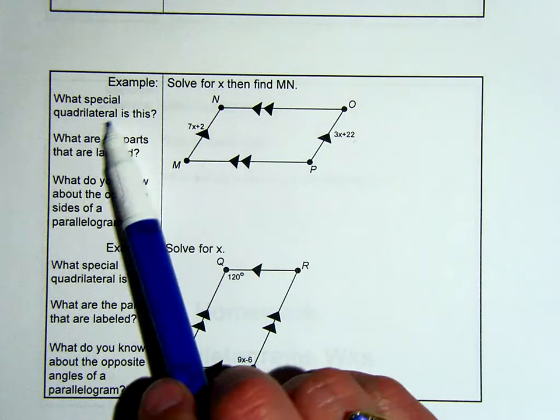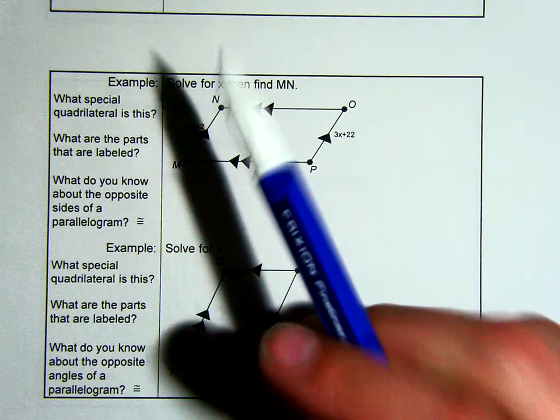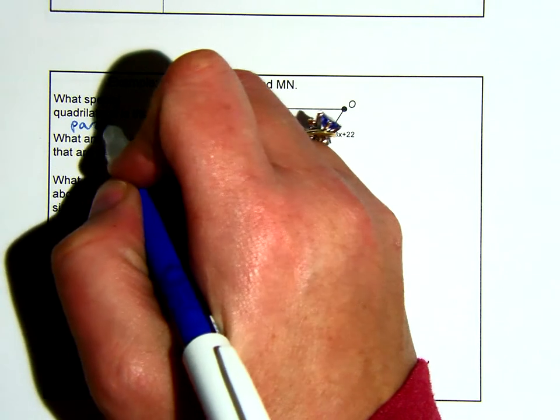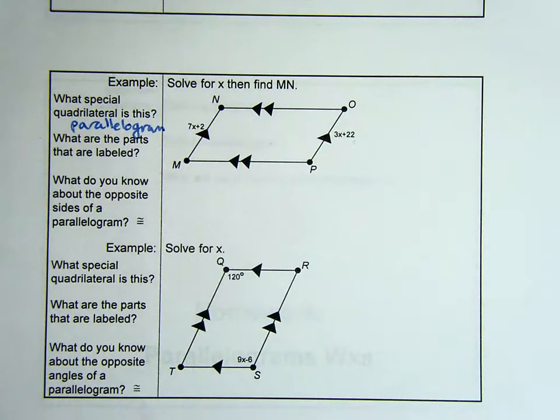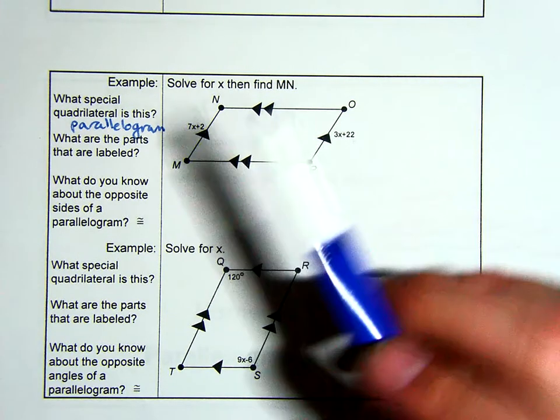The reason we're asking it this way is we're going to add 4 or 5 more shapes, and we want to make sure we have the right one so that we use the right property. So, this is a parallelogram, and we know it's a parallelogram because of these arrows.